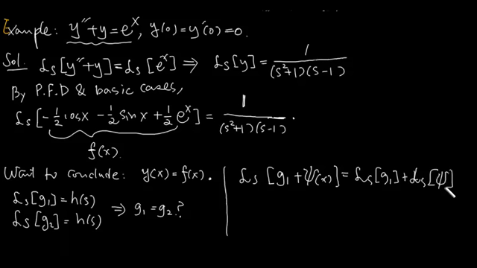But because it came from the kernel, that part's a 0, and that becomes exactly the hs in here. So you can clearly see, if the kernel had some non-trivial element in it, then you can create a different function that under this Laplace transform still goes to hs.